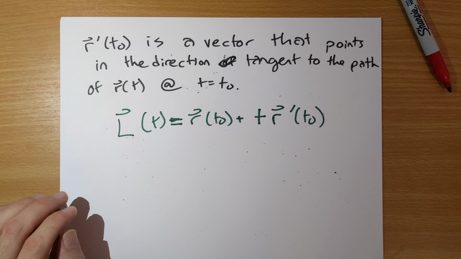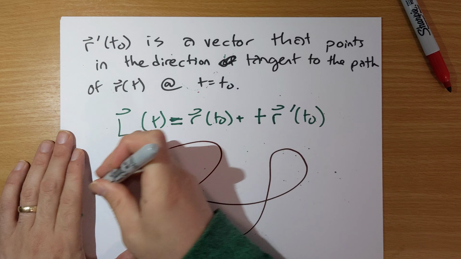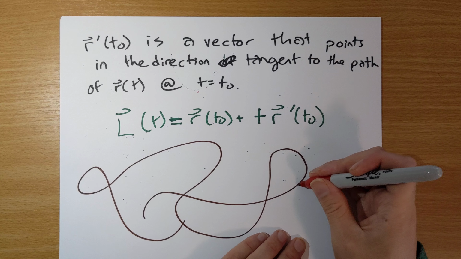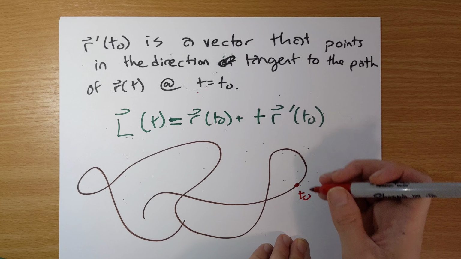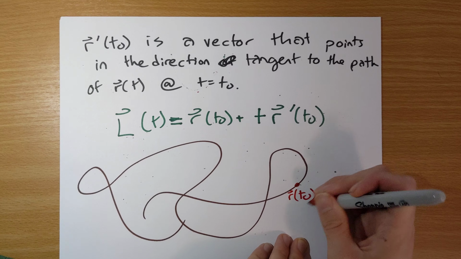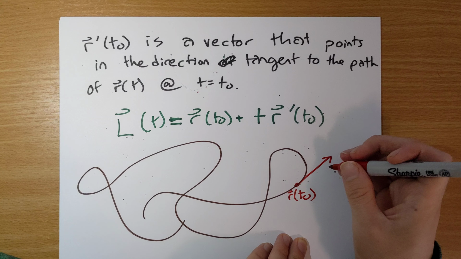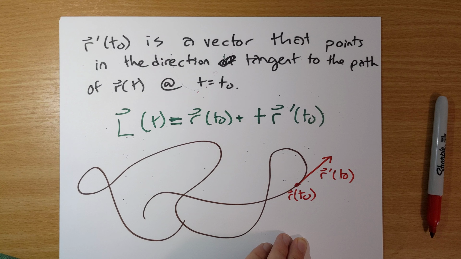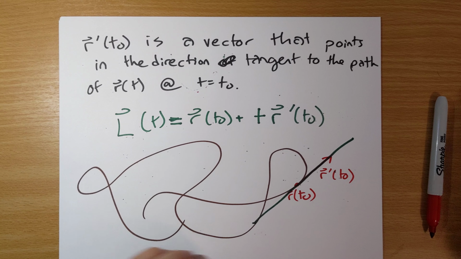And let me just draw, we have something moving around in three-dimensional space here. If this is our time t naught, this would be r of t naught right here. That vector would be pointing in the direction of r prime of t naught. And we could use that information to draw the tangent line.